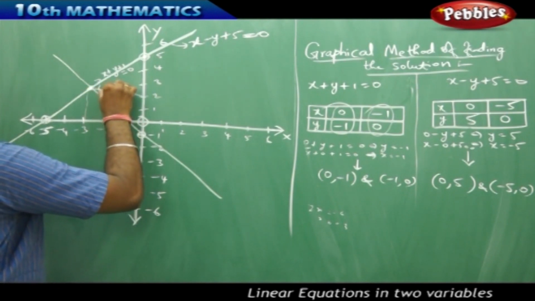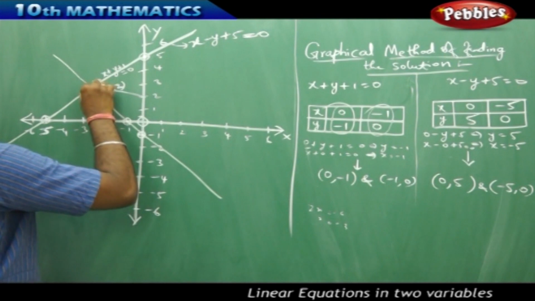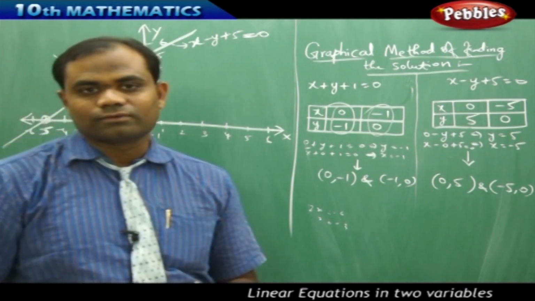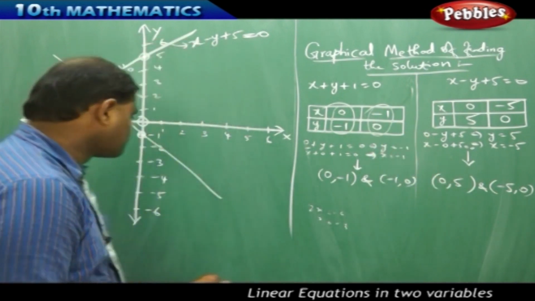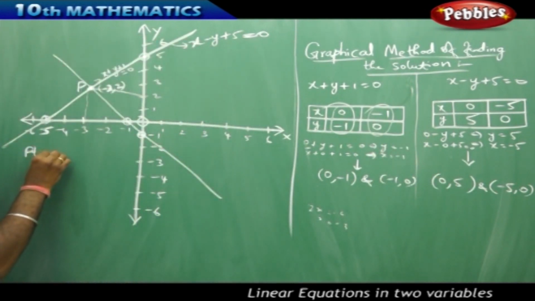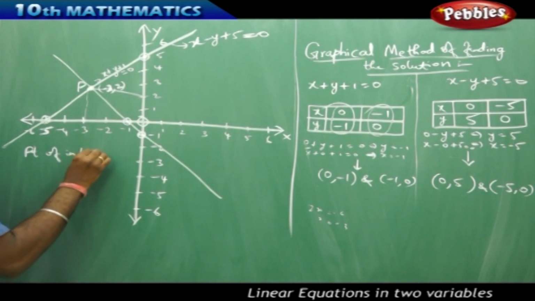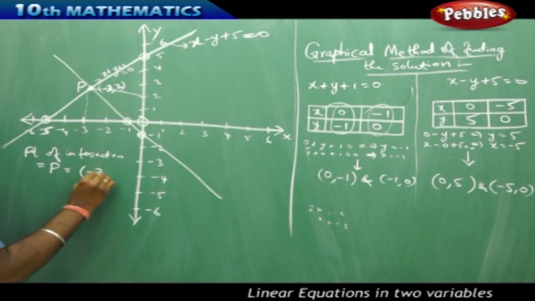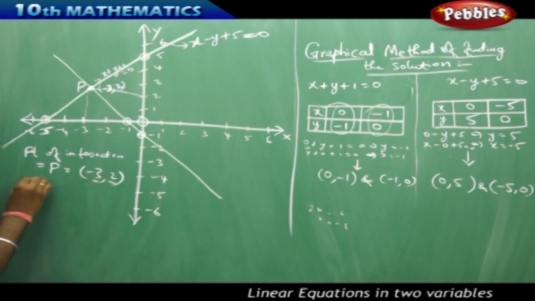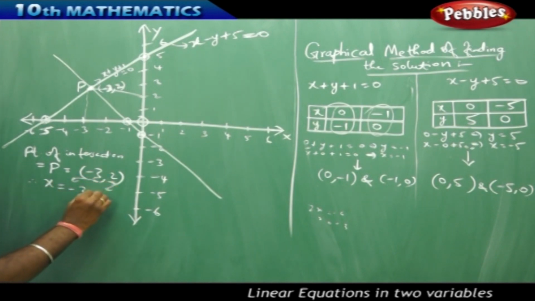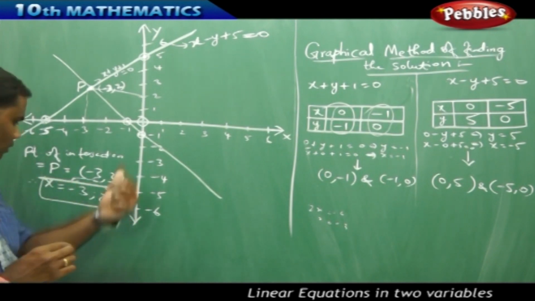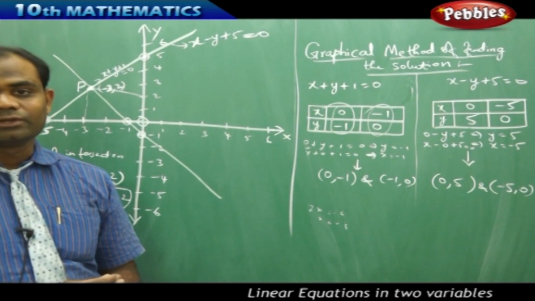So this is the point of intersection which I obtain here, and the point of intersection decides the solution of the given linear equations. Therefore, the point of intersection is here, P, which is (-3, 2). This value of x and this value of y will be nothing but the solution of the given linear equations.